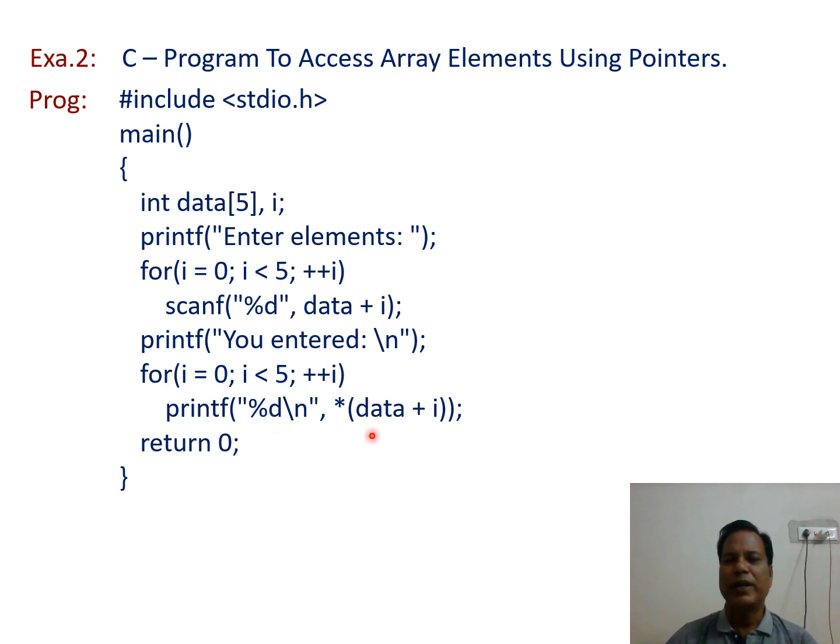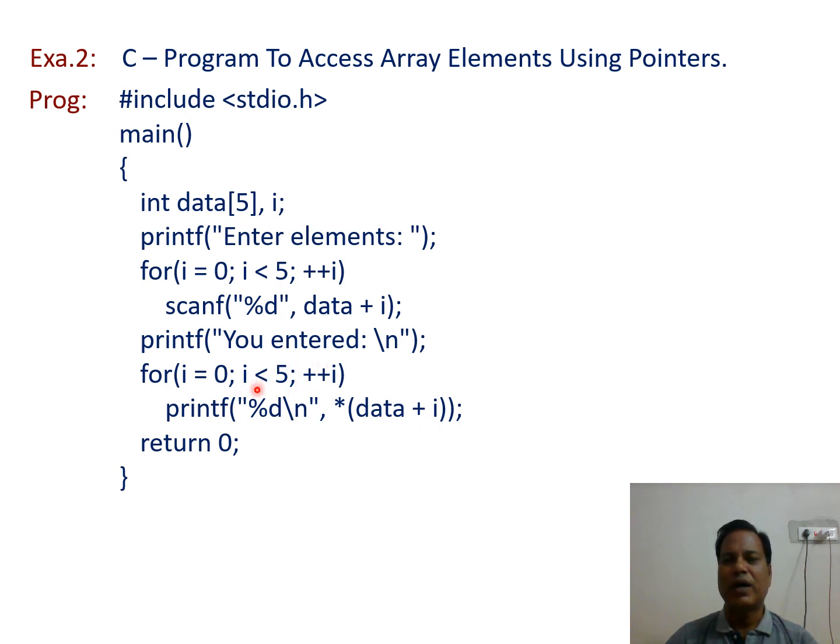So at this point the compiler searches for the variable, and here asterisk data plus I. So the element stored in the first address gets printed. Then using the slash n, the cursor is brought to the beginning of the next line and then the value of I is incremented.